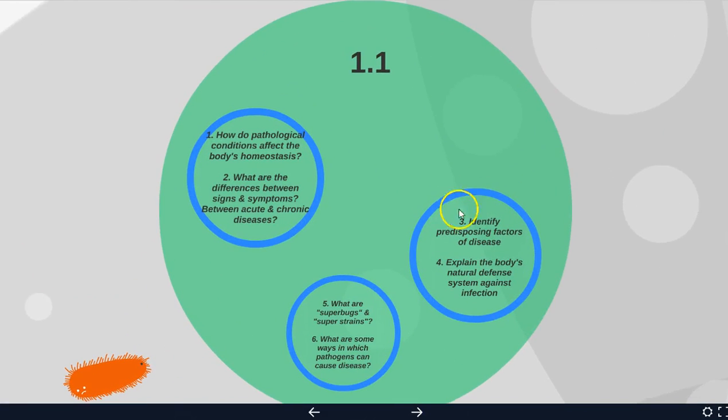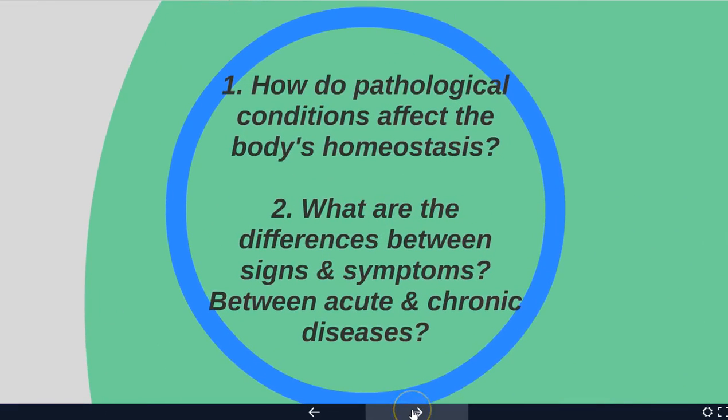So we'll start with lesson 1.1, and the first question that we want to answer is, how do pathological conditions affect the body's homeostasis? Homeostasis is the internal stability of the body, and that means that it is the balance between good and evil, if you will. So your body is all the time trying to achieve this perfect balance or this homeostasis.